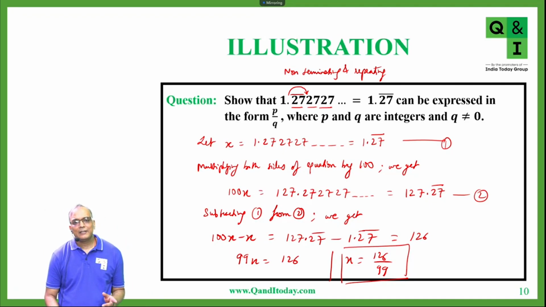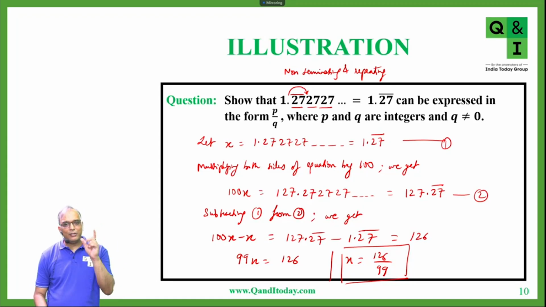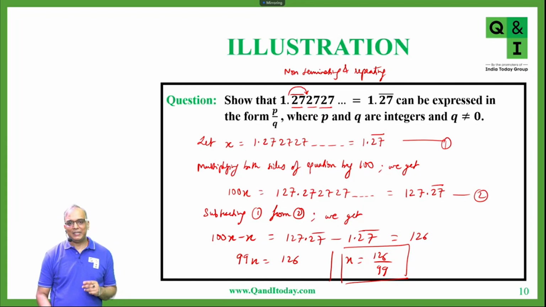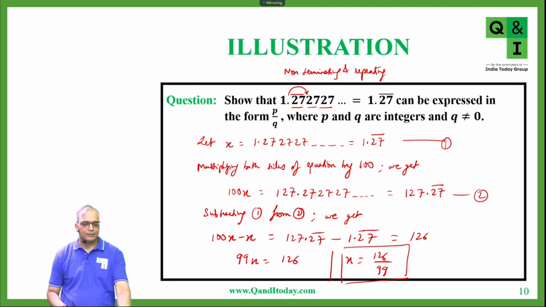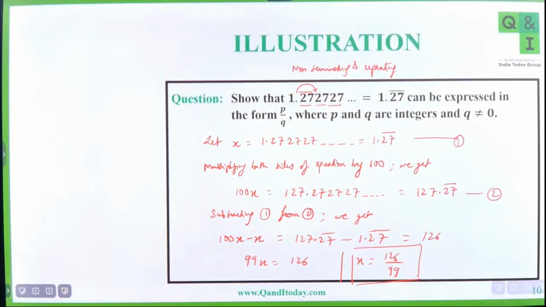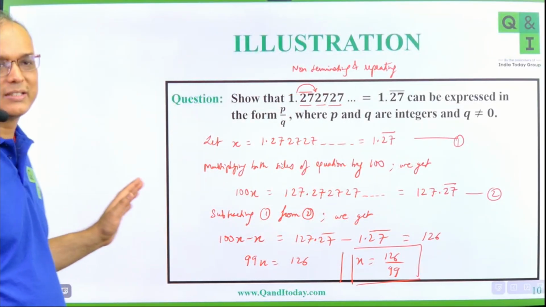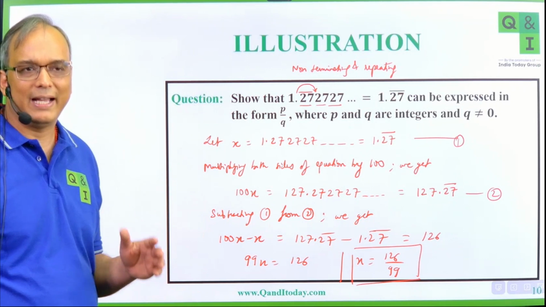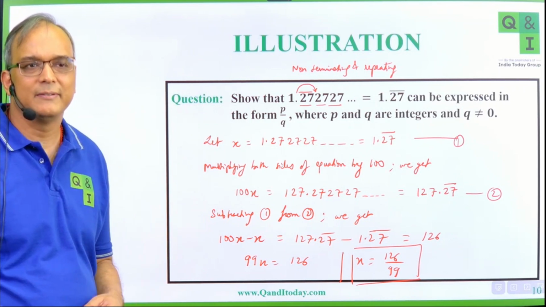Is this clear? So first example was where only one digit was repeating. The second example, there are two digits which are repeating, and that's why we are multiplying it by 100. Is it clear to everyone? Students, you have understood this, right? Why we are multiplying it by 100?